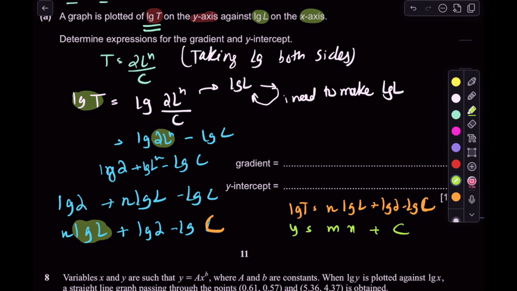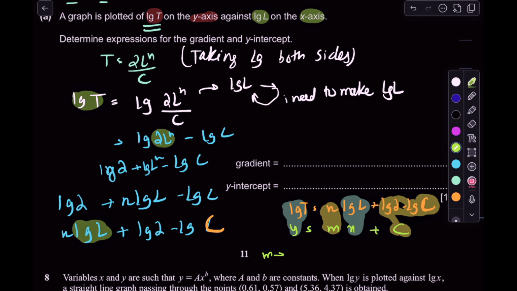I can see that my y is lg T, my x-axis is lg L, and so my gradient m will be my constant n, and my y-intercept will be lg 2 negative lg c. So my gradient is n, and my y-intercept is lg 2 negative lg c.